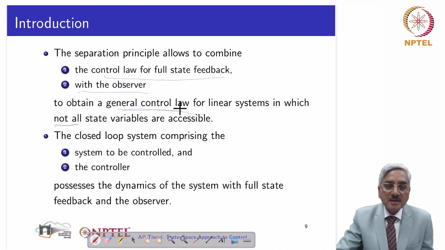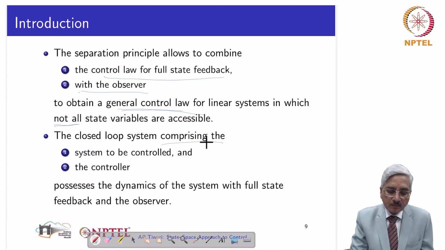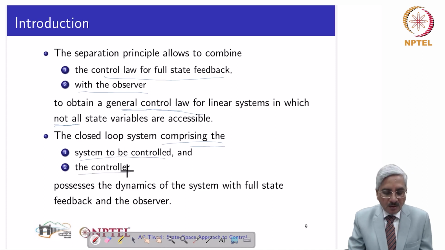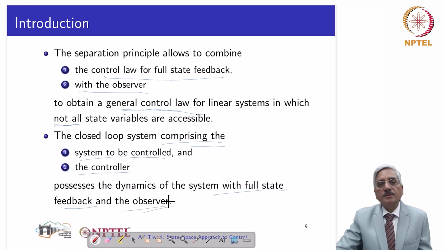And we will see that the closed loop system comprising the system to be controlled and the controller possesses the dynamics of the full state feedback together with the dynamics of the observer. These things we will see through the separation principle.